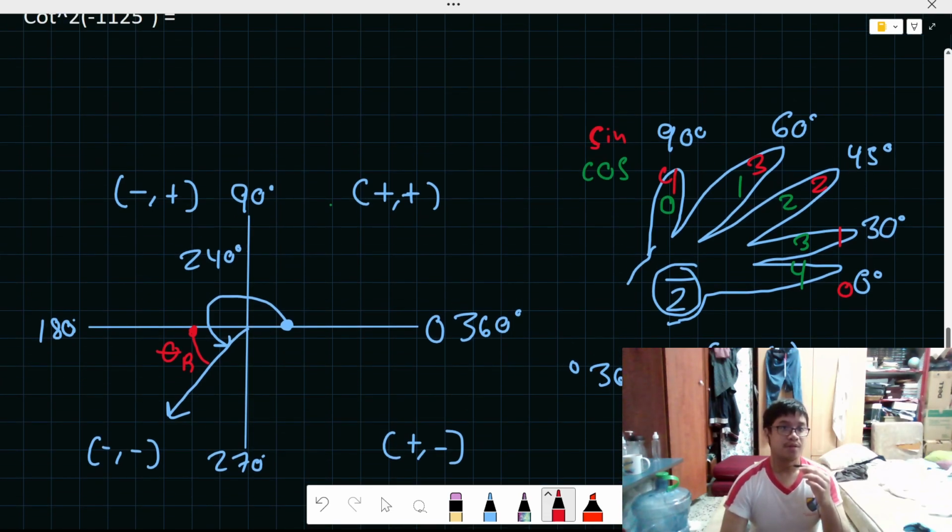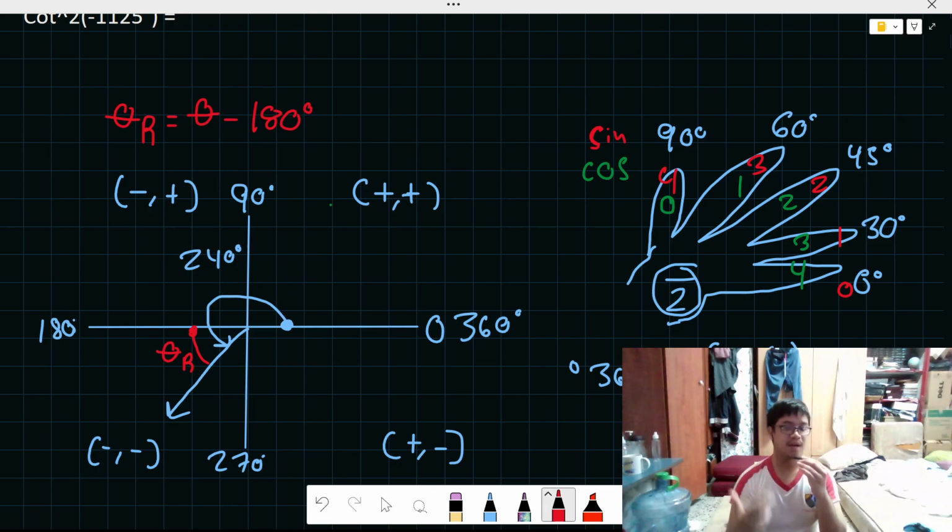If it's in the third quadrant, you're just going to subtract that given angle with 180 degrees. So we have 240 degrees, so subtract it with 180.